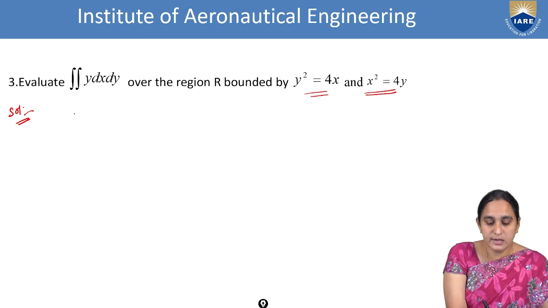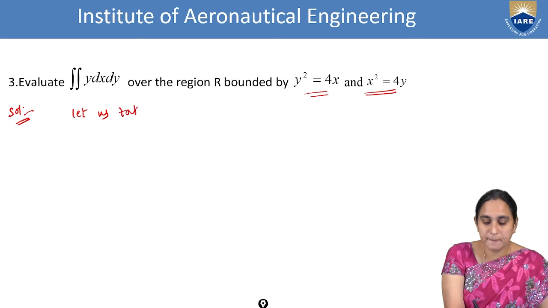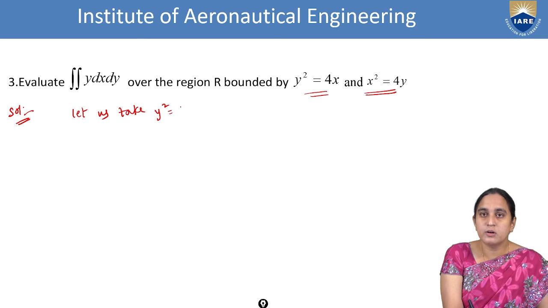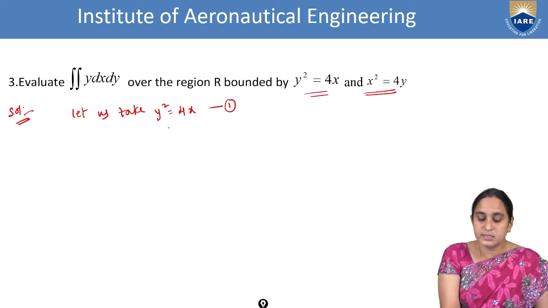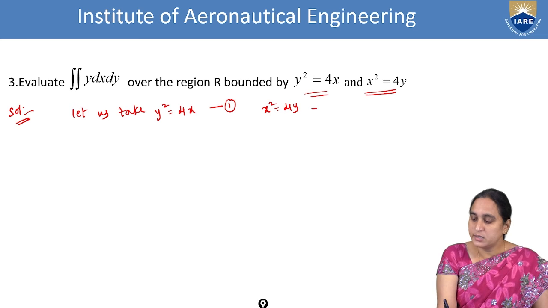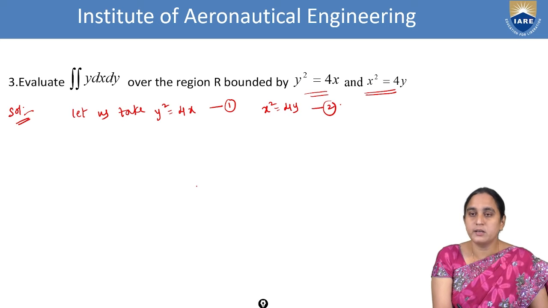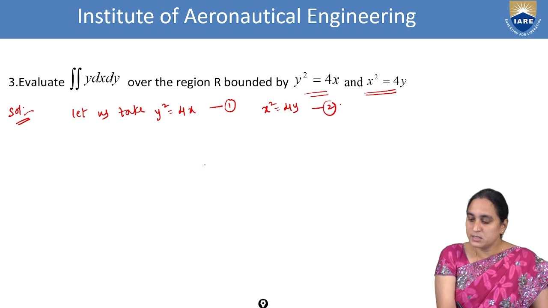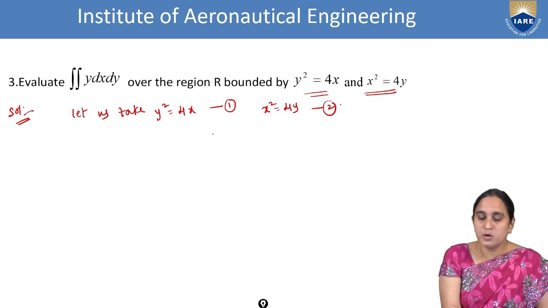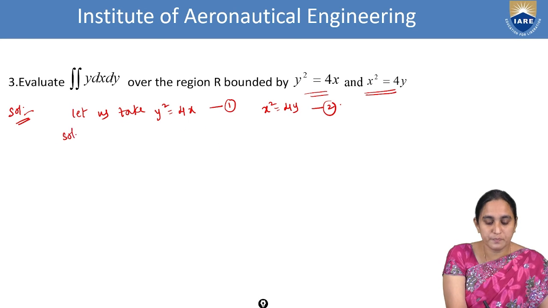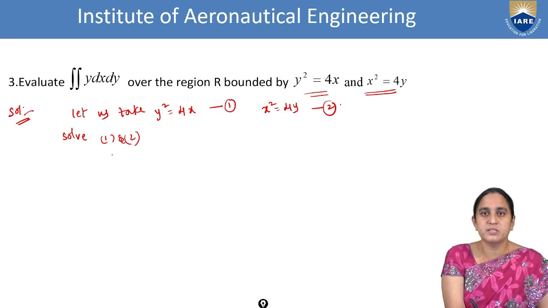Let us take y² = 4x as the first parabolic equation, and the second one, x² = 4y, as the second equation. Now I solve 1 and 2, the same procedure as previous questions.